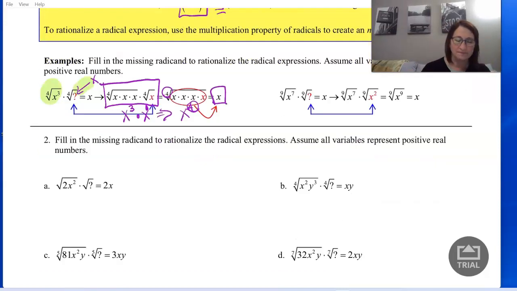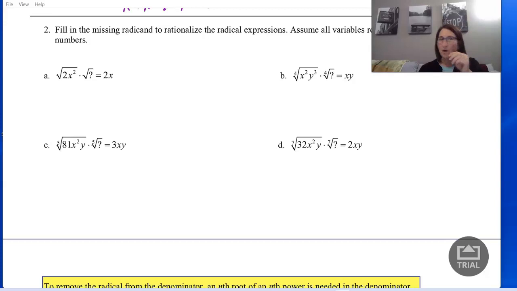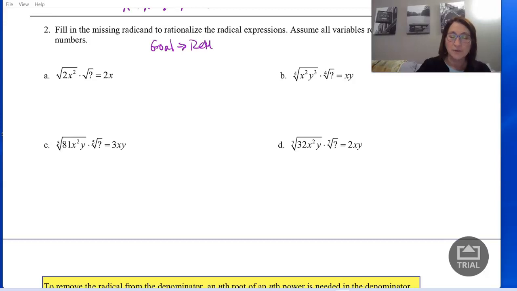Let's try one. So all we are doing is rationalizing right now. So our goal is to get rid of the radicals. Goal is to remove our radical symbol.